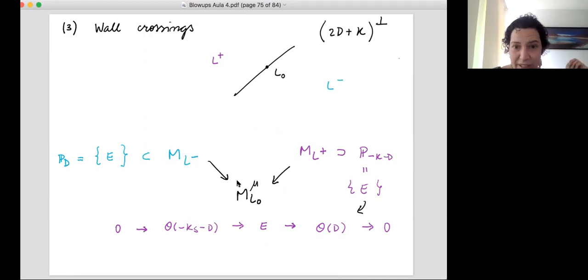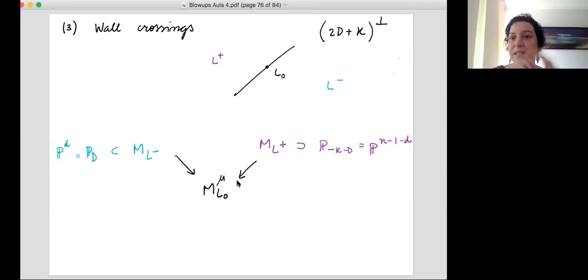So in this way you get these two types of extensions, and these are precisely the loci that get contracted by this morphism. So you get this set of extensions: the sheaves, the objects that are semi-stable with respect to L, that are stable with respect to L minus, and then they become strictly semi-stable with respect to L0, and the same thing for the positive part.